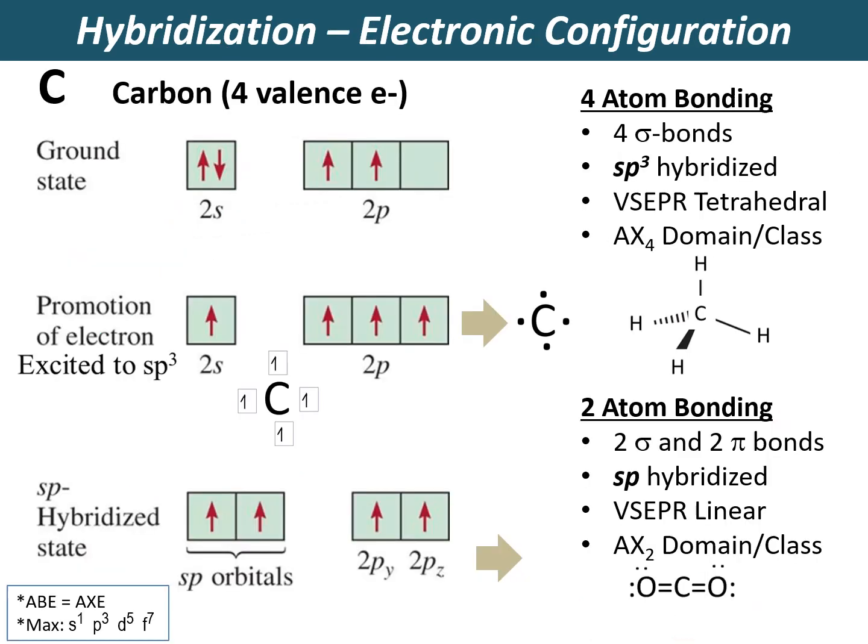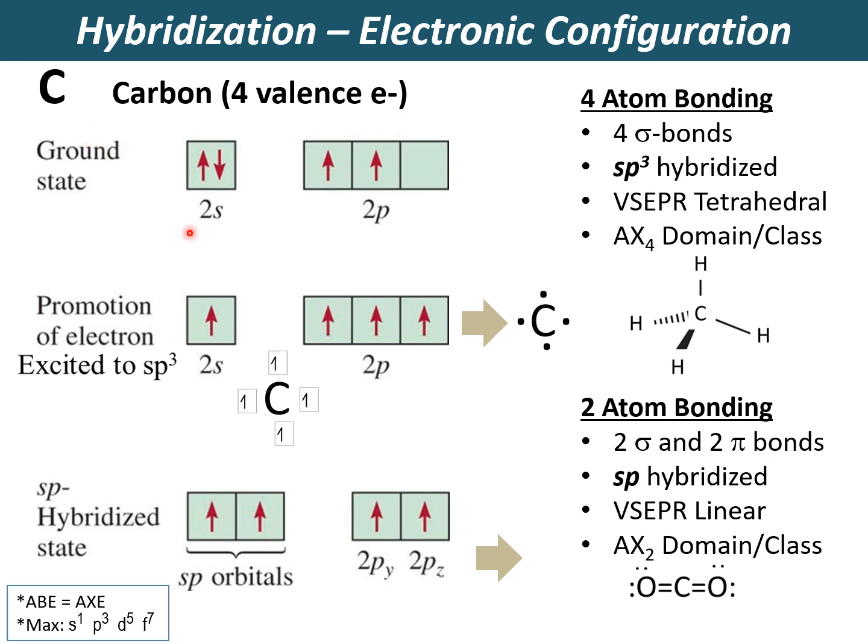Now, in order for these bonds to form, there must be something called hybridization. In other words, these electrons must be active in a spin-up state in order to form a bond. So what do we do then? We write out the electronic configuration diagram. We write the ground state, and in this case, we're doing carbon, but we only need to do the valence electrons, and there are 4 valence electrons in carbon.